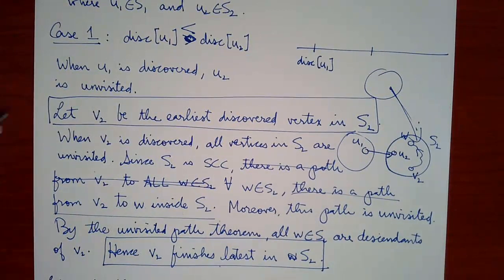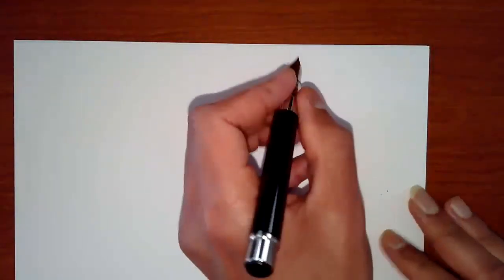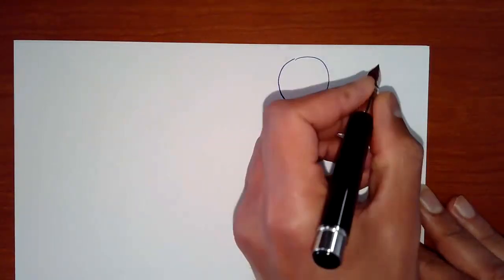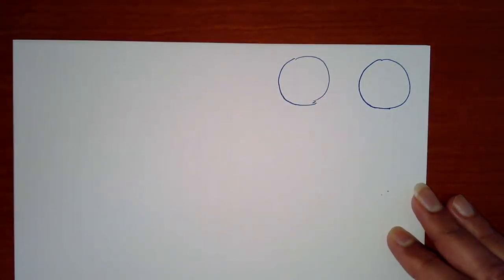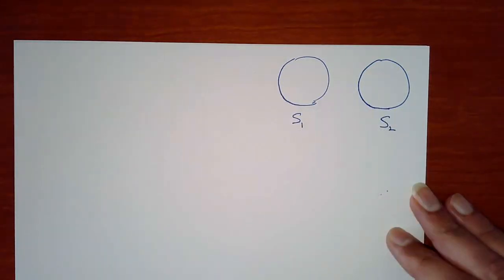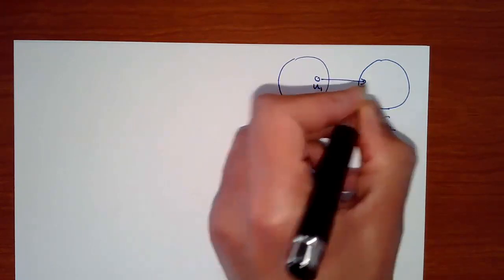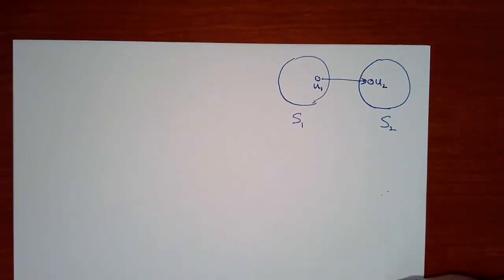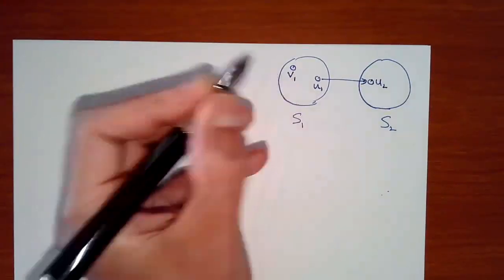I'm going to maybe draw this on a separate page. So here is S1, here is S2. And so you have this edge U1, U2. But the earliest discovered vertex is V1.